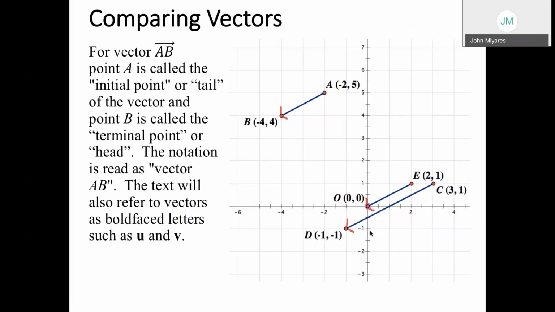For vector AB, point A is called the initial point or tail of the vector. Point B is called the terminal point or the head of the vector.